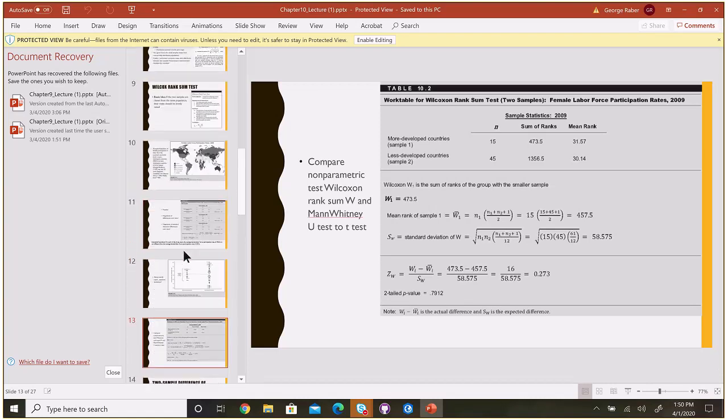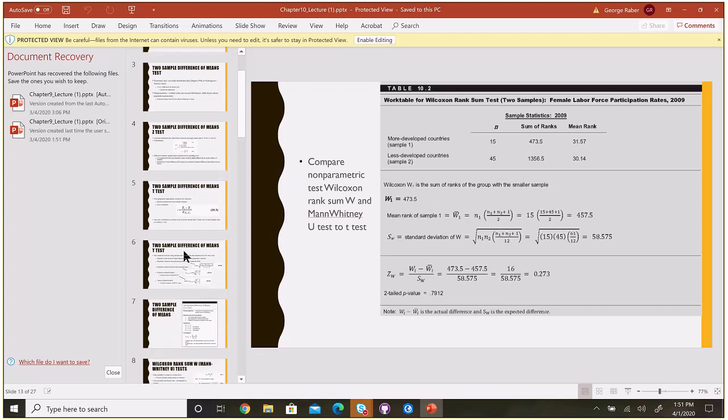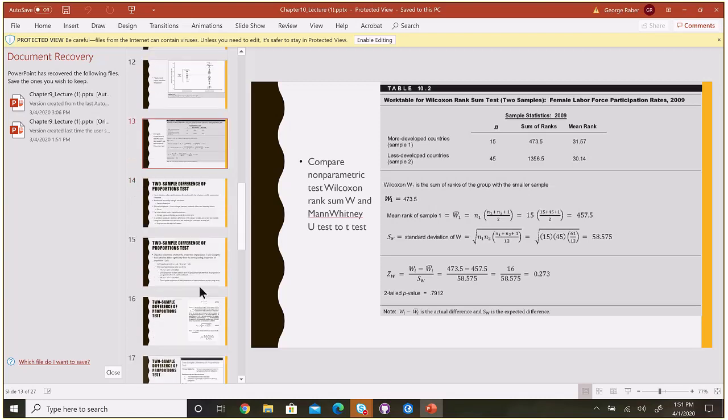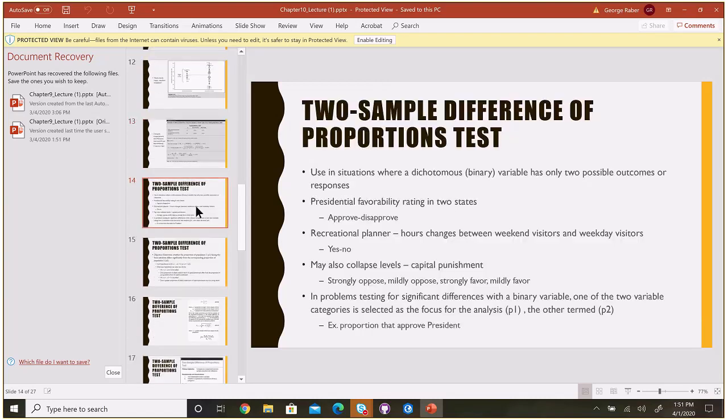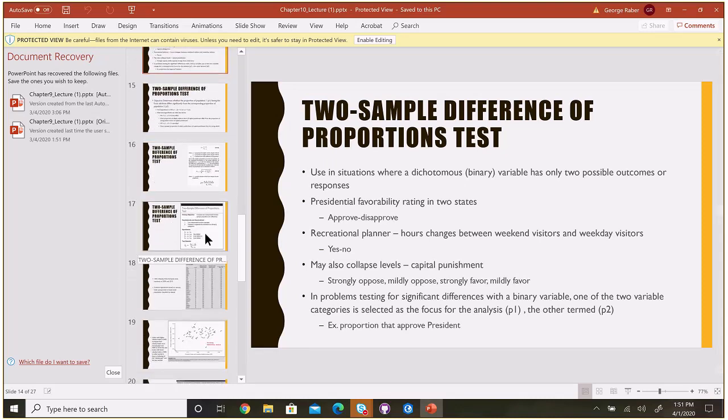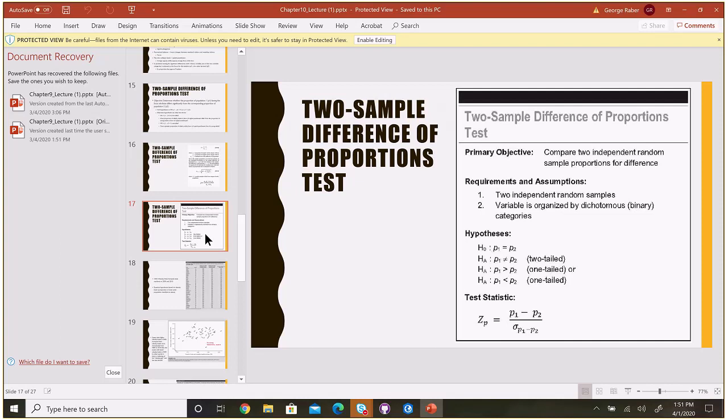All right, so that covers the two sample tests where we're only looking at the values themselves. What if we've got a proportion to cover? Well, that's this one. There are two different proportion tests as well: a parametric proportion test and a non-parametric proportions test. Here's the table for the parametric proportion test.